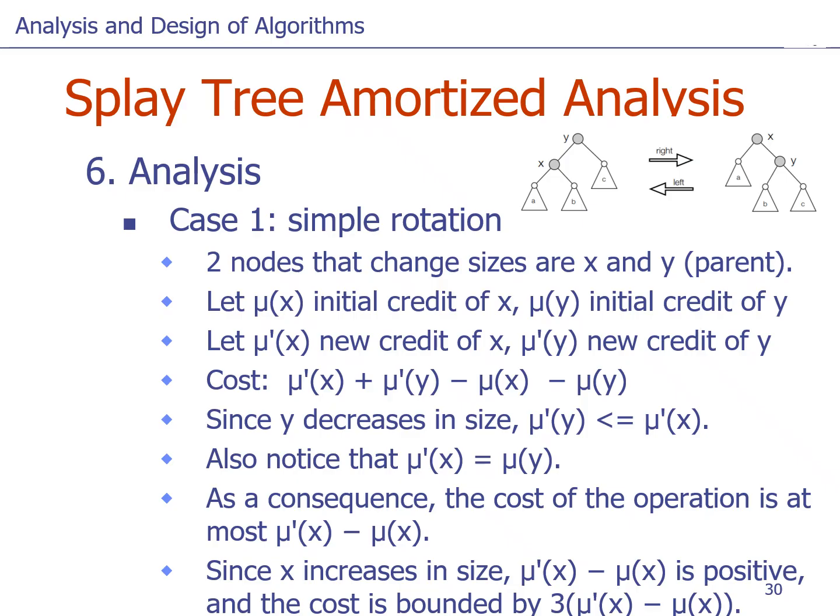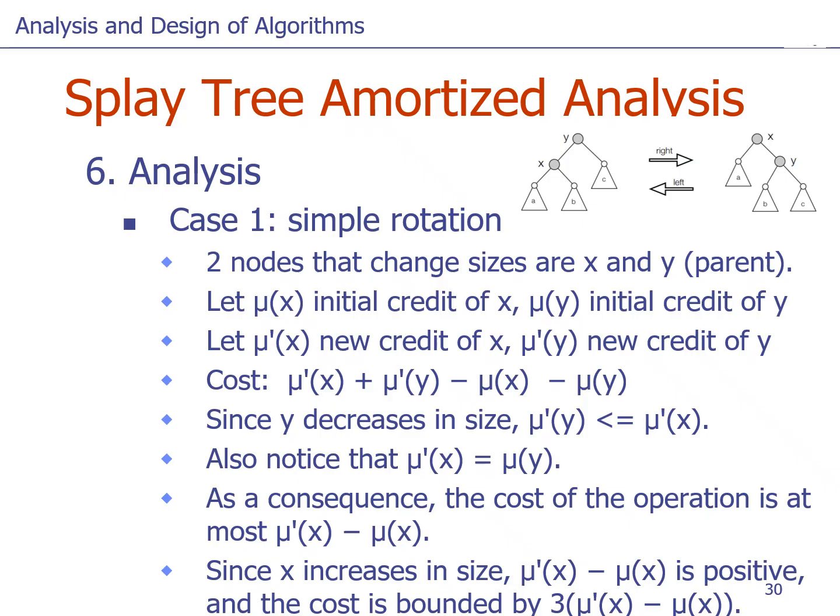Initially Y was the root, and it had X underneath it as well as all of A, all of B, all of C. When we rotate X through Y, Y now has all of B, all of C, but not all of A and not X. So Y has decreased in size in terms of the total number of elements, and consequently the total height underneath it has decreased, and consequently mu dash Y has decreased or is less than what it initially had, which is mu Y.